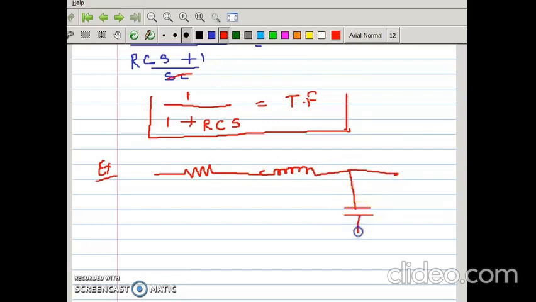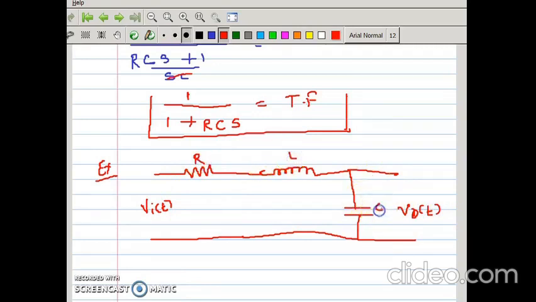This side is the output side and this side is the input side. This is the VO of S and this is VI of S, or we call it T. They are giving this circuit diagram and they told us to find the transfer function of the given circuit.